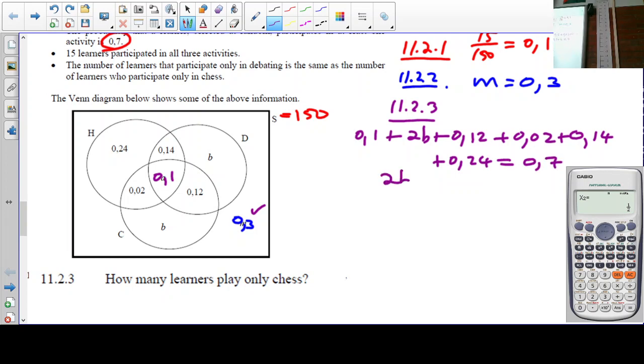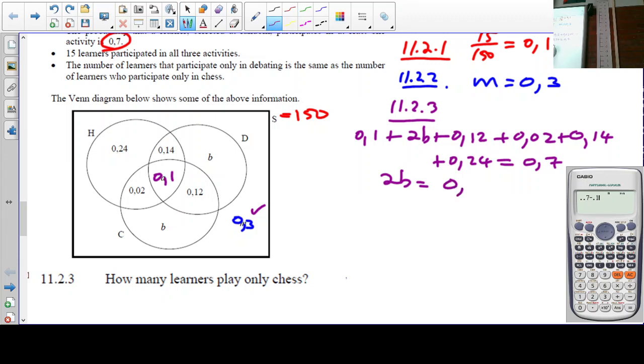So 2B is equal to, put in the calculator, 0.7 minus 0.08.